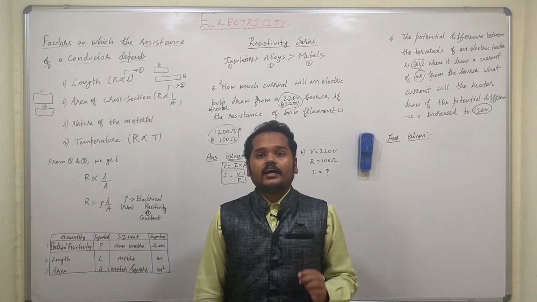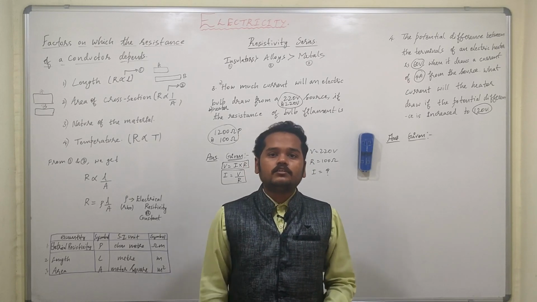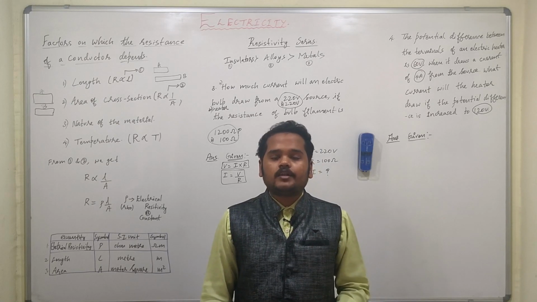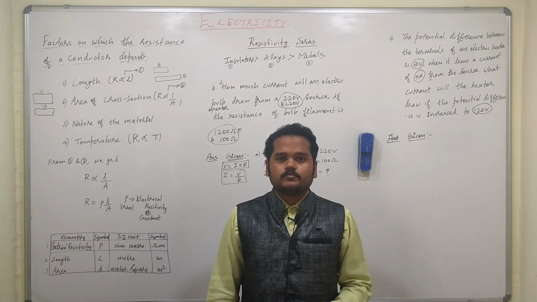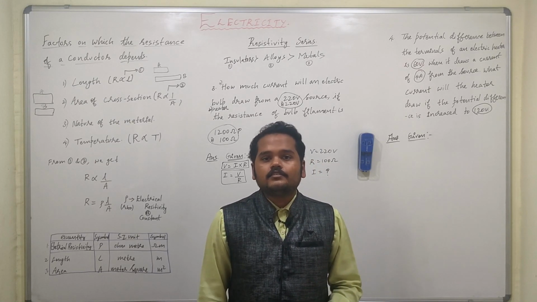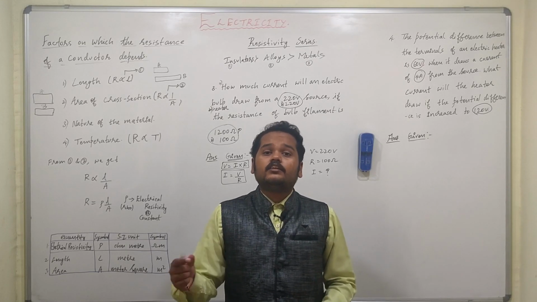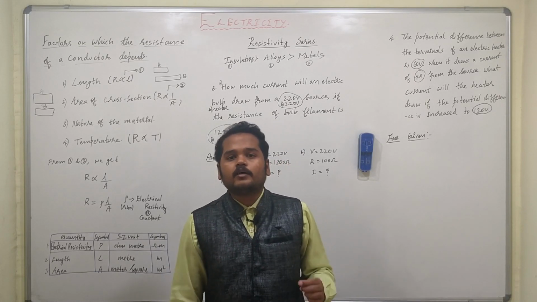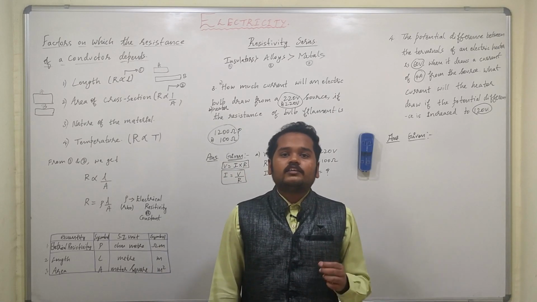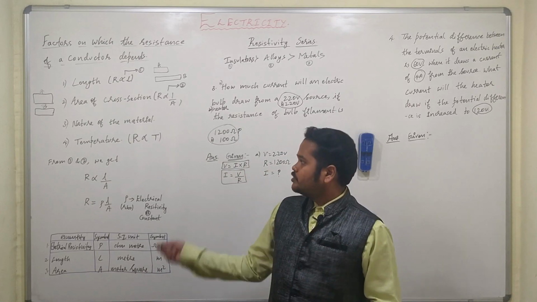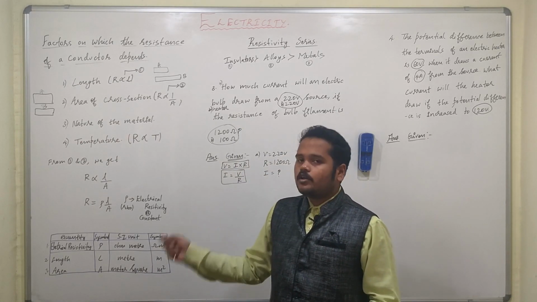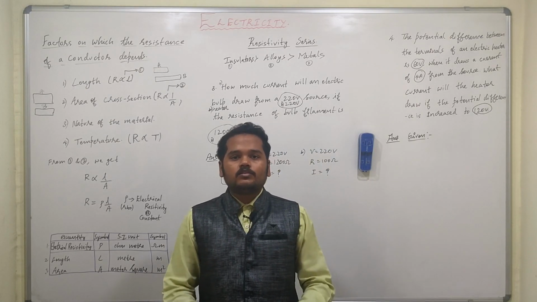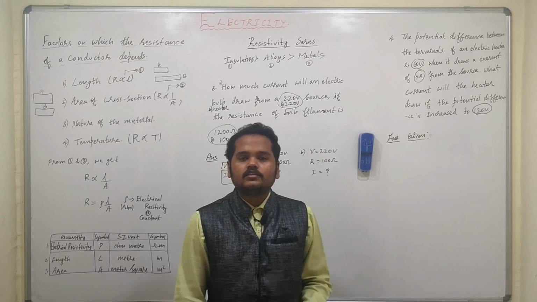Now which of these has high resistance, the iron placed in the desert or the iron placed in the cold South Pole? The iron placed in the desert has a higher resistance because the temperature is high. So the resistance of a conductor also depends upon temperature. More the temperature, more the resistance. Less the temperature, less the resistance.